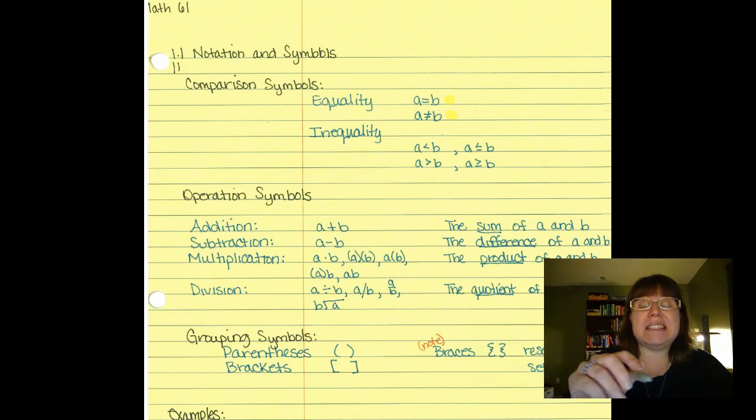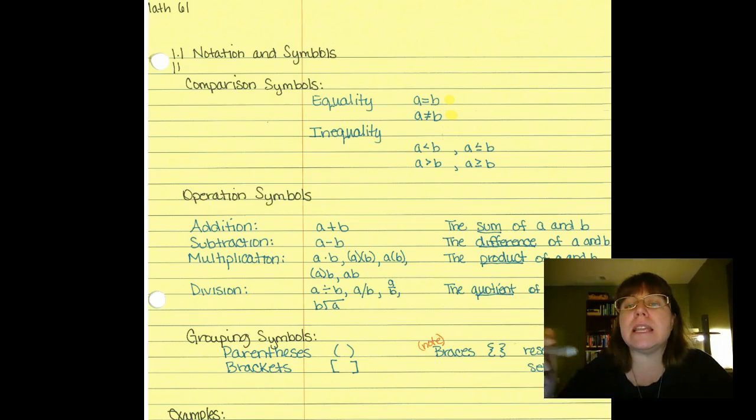So if A is the smaller number, then A is less than B. If A is the larger number, then the bigger side of the symbol is next to the A, so A is greater than B. Now when I said inequality can also have equality to it, that's when we use the symbol of A is less than or equal to B, and A is greater than or equal to B.